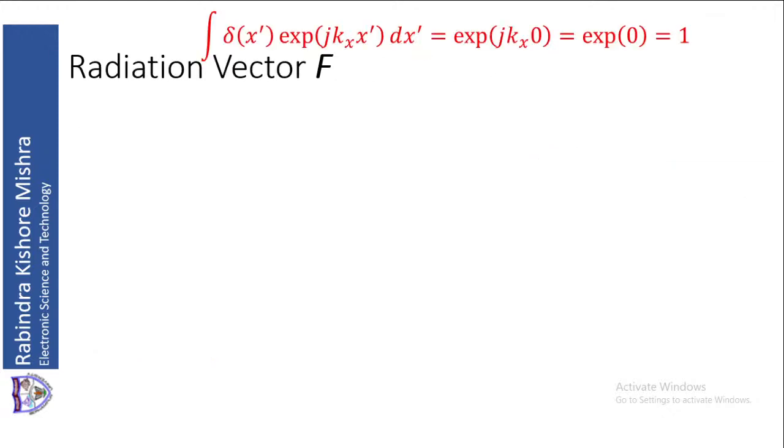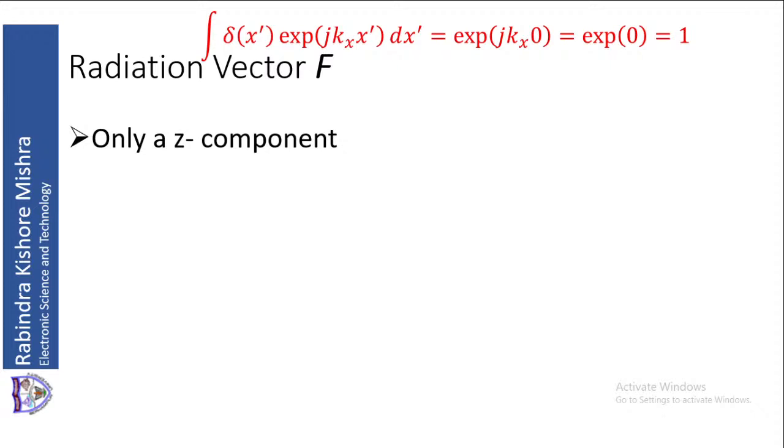Now for the linear antennas, we will consider first the radiation vector for a linear antenna. Forget this red line. That we will use later. But for the radiation vector, we know now the current is along the Z direction. So since current is along the Z direction, the radiation vector F, if you remember, comes from the vector potential.